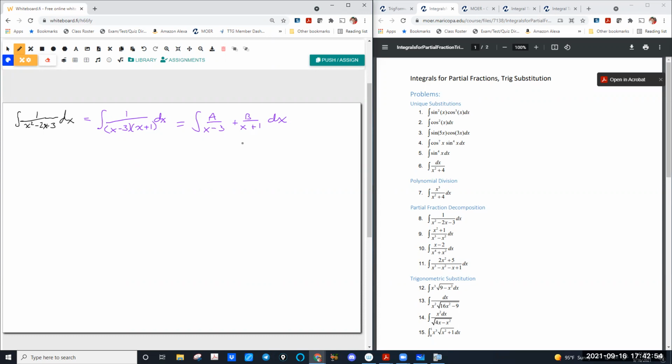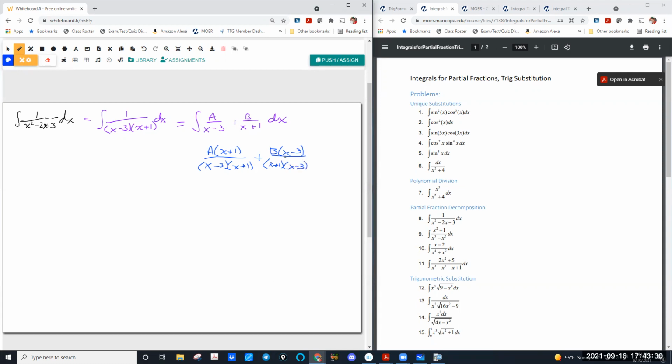What we need to do is first think about going in the opposite direction. What would we do if we needed to add these two fractions? We would find a common denominator, right? We would make this A times x plus 1 over x minus 3 times x plus 1, plus B times x minus 3 over x plus 1 times x minus 3.